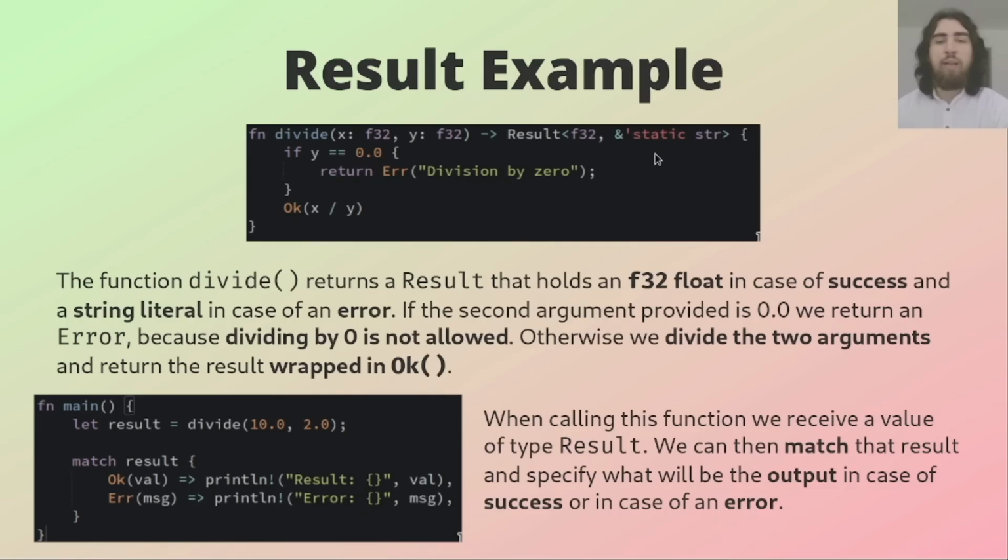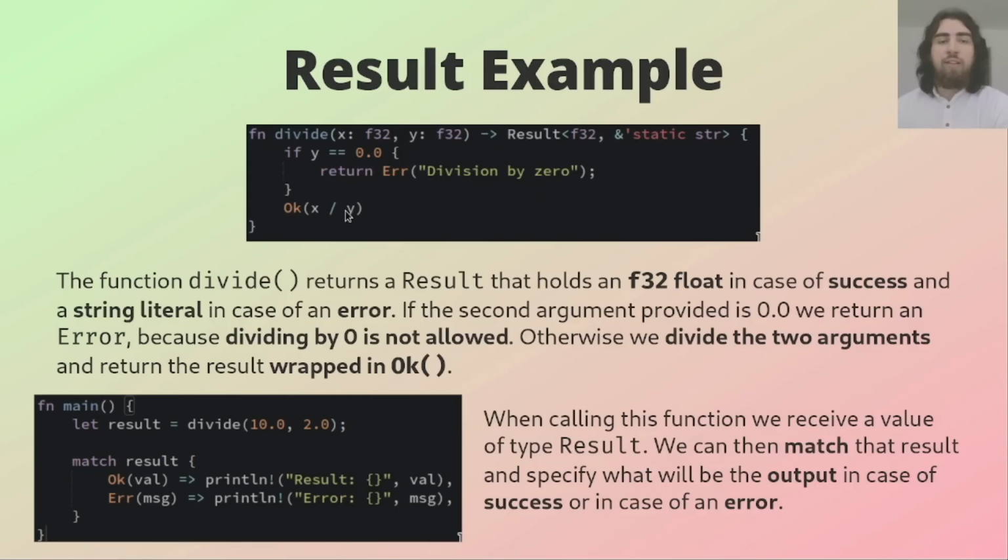It will directly return the error type and stop execution. Now in case y is not 0, then we will just divide x by y and wrap it inside OK, because remember, result is an enum, meaning we have to wrap the resultant value inside the variant.